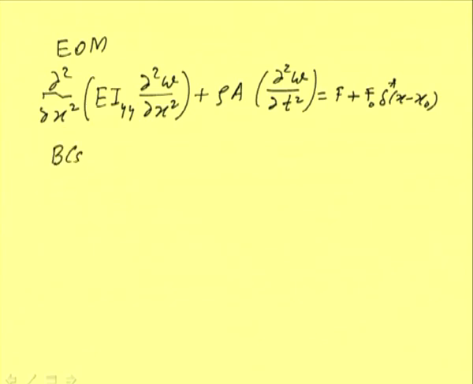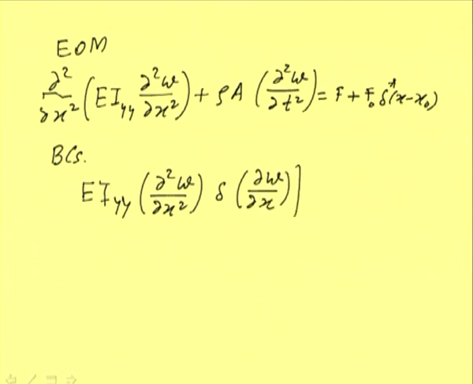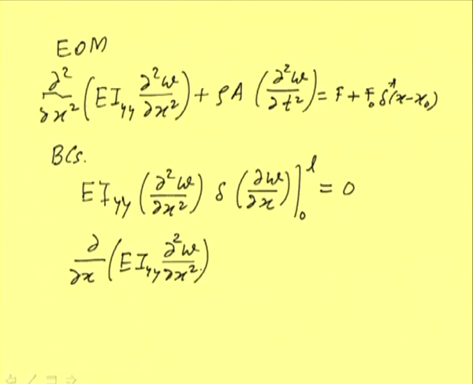The boundary conditions are: the first term is the bending moment, and this is the variational operator, this is the slope, these are the limits, and the second boundary condition, this is the shear force, and this is the displacement.